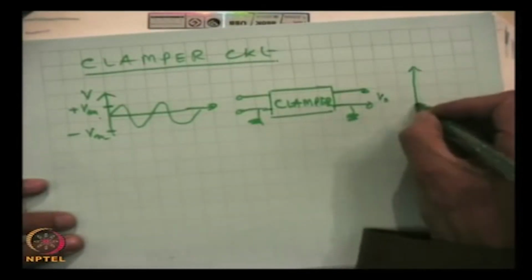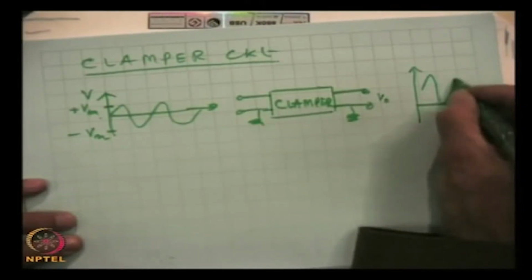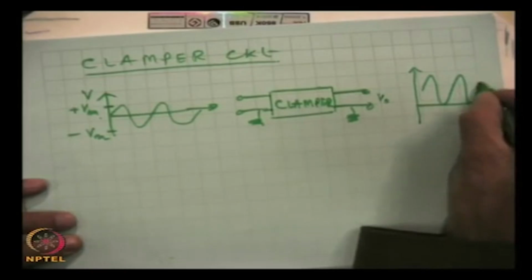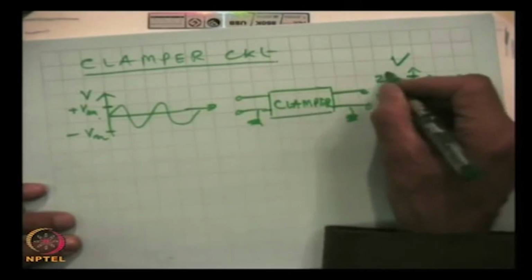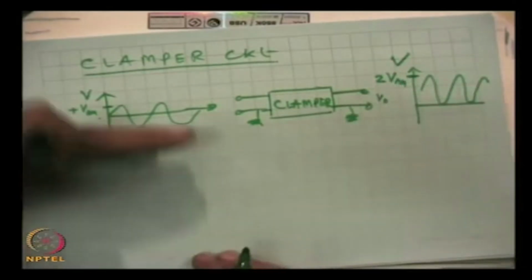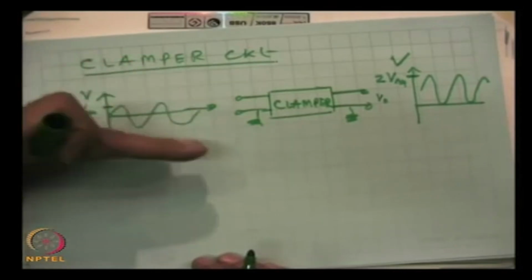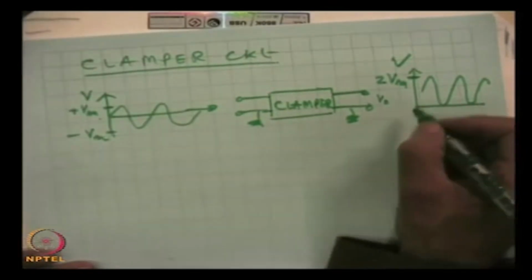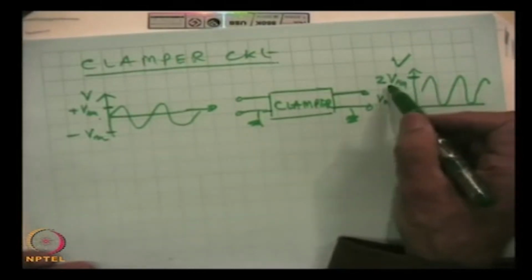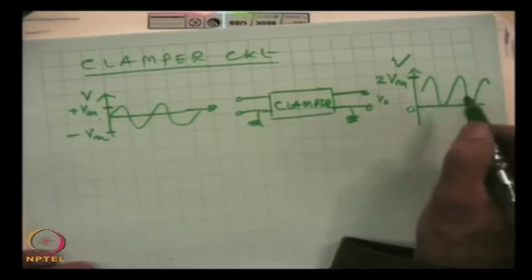Ideally, we will get, where this is voltage axis, this will be equal to 2 Vm. That means we have added almost a DC level to this signal to shift the reference. So, this is 0 and this is 2 Vm. So, this is a clamped wave.